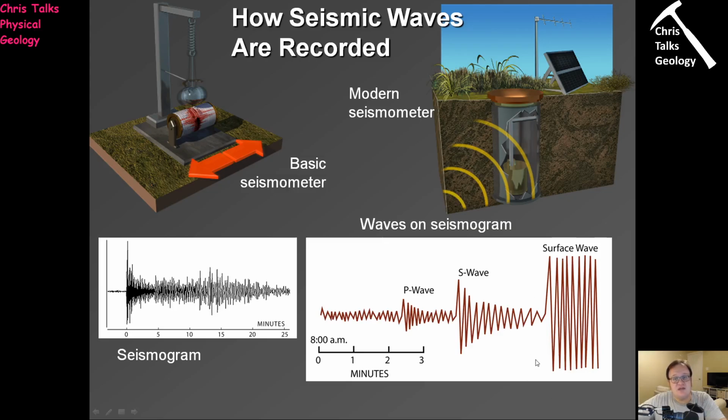So if the earthquake is happening in the United States and you're detecting it at a station somewhere in China, clearly you're not really going to get any surface wave activity. Now the time between the first arrival of the P wave and first arrival of the S wave is going to be very, very important to us later on.